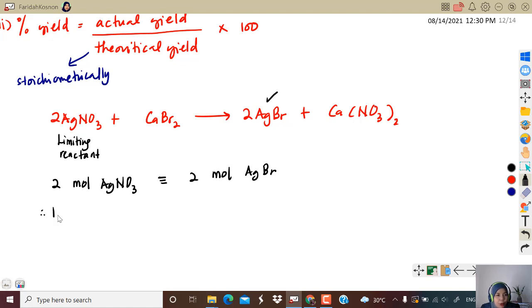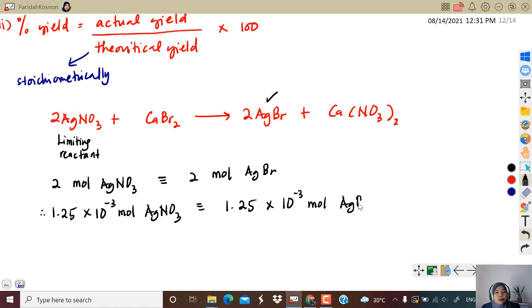Therefore, if we have 1.25 times 10 to the power of negative 3 mole silver nitrate, it will produce also 1.25 times 10 to the power of negative 3 mole of silver bromide. Jadi apa yang kita buat sekarang ni, the mole of silver bromide is calculated stoichiometrically. Jadi ini adalah yang theoretical.